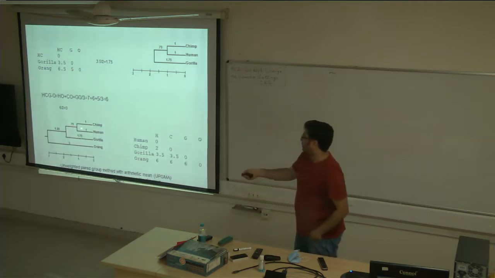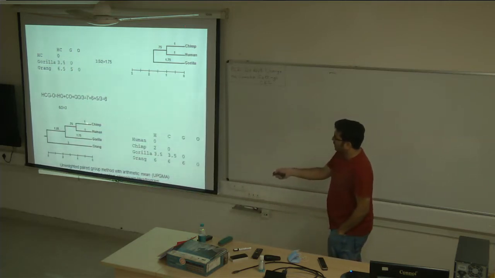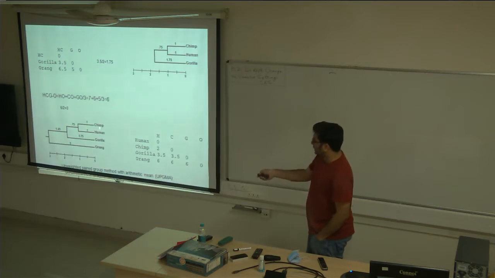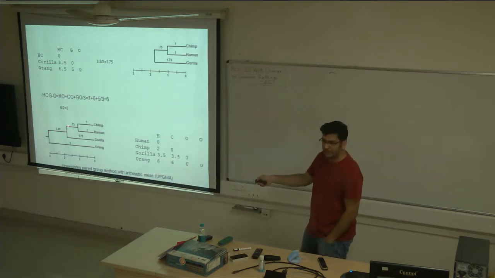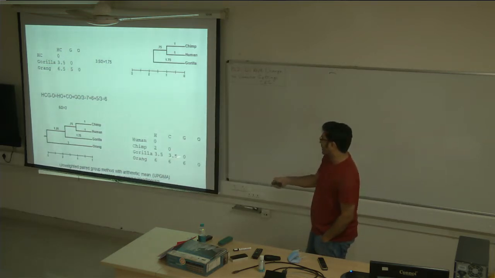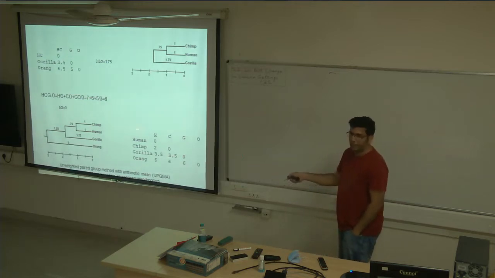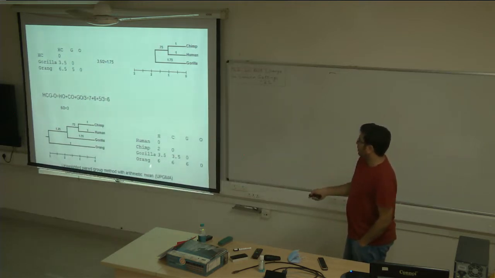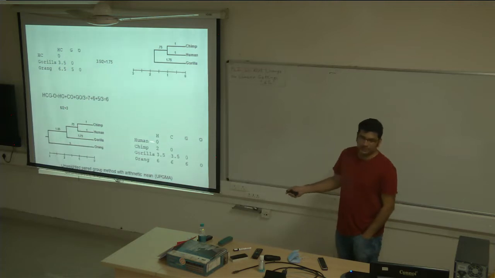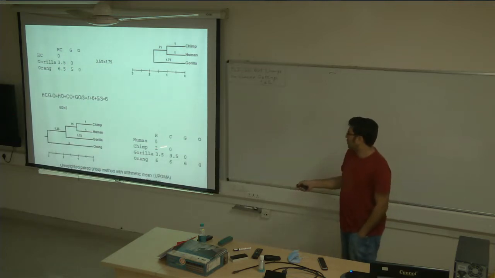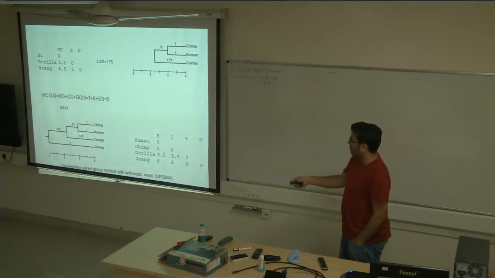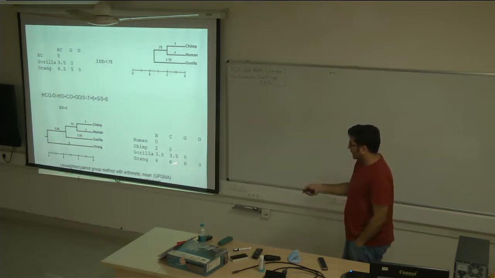Now if you calculate the distance between these taxa based on just this tree, this is the distance that you get. This is called the tree distance. You calculate for each taxa the distance based on this tree, and you get this matrix.